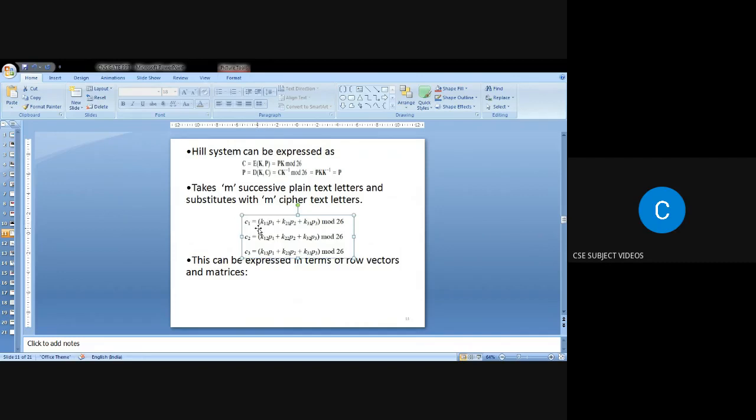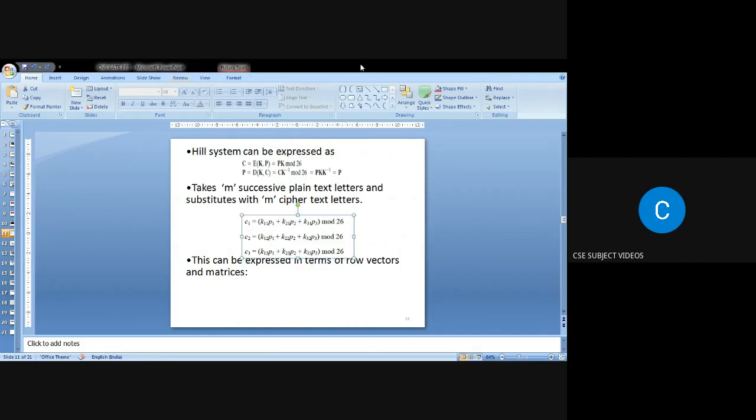So for the first set of M letters, this is the formula given for M equal to 3. C1 equal to K11 P1 plus K21 P2 plus K31 P3 mod 26. Similarly, C2 equal to K12 P1 plus K22 P2 plus K32 P3 mod 26. C3 equal to K13 P1 plus K23 P2 plus K33 P3 mod 26.